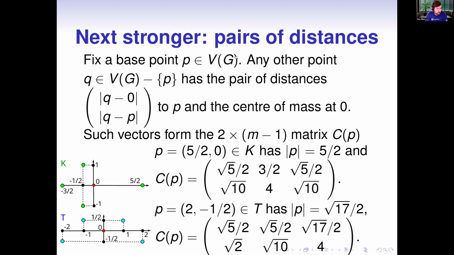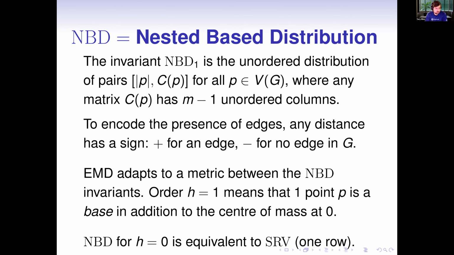So we have a base point, then we have the origin, and for every other point, we compute its distance to this base point and origin, and we get a set of those pairs, and we can put them into a vector that will have unordered columns, and it forms this 2 by m-1 matrix. And then this can be generalized to a nested base distribution.